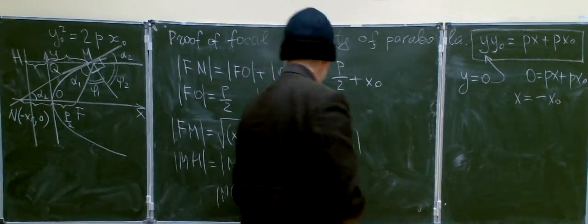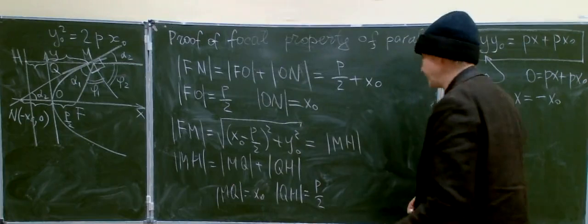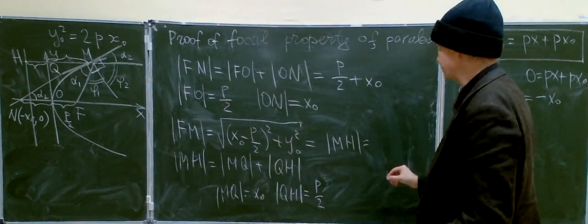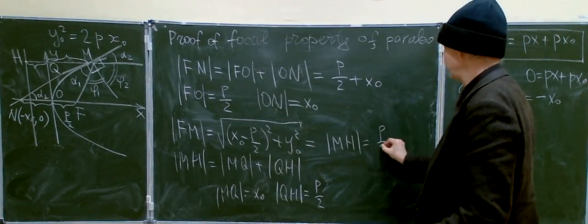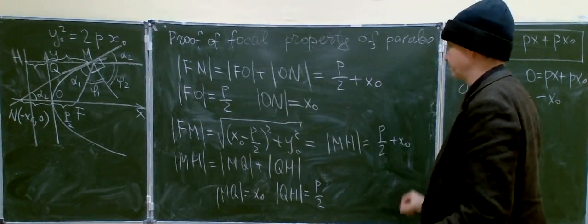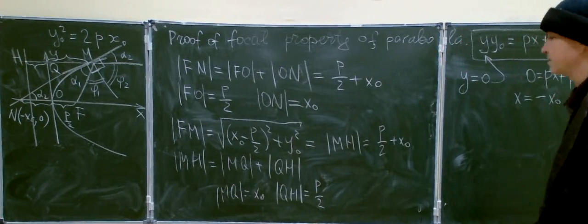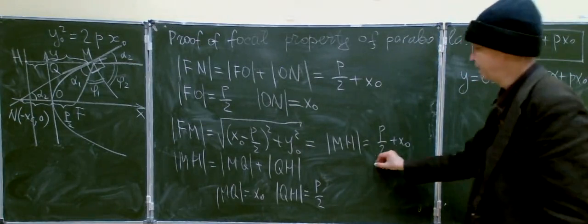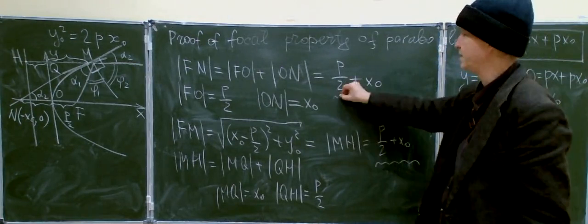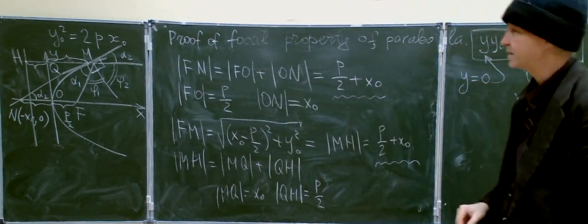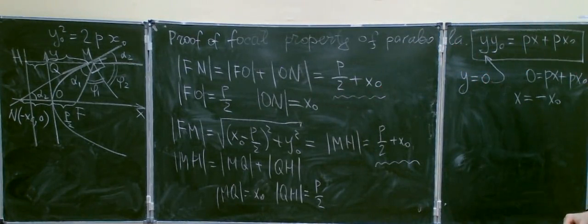Therefore, if we substitute these values into the formula for MH, we find that MH is equal to p over 2 plus x0. Now, the rest is to compare this formula and this formula. As we see, these two formulas are equal to each other.